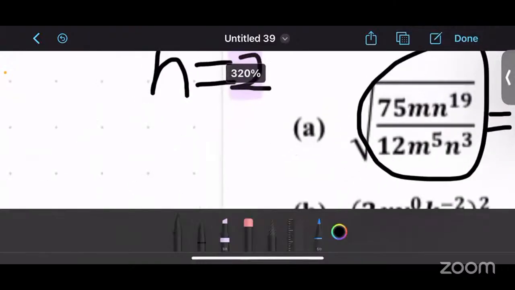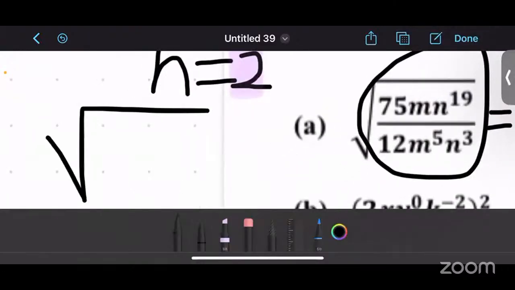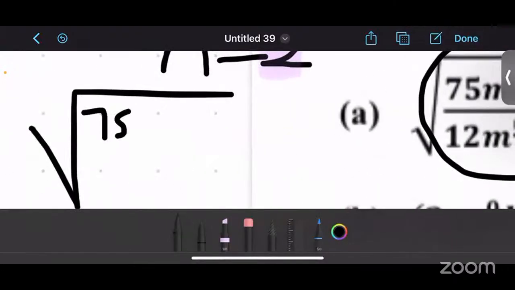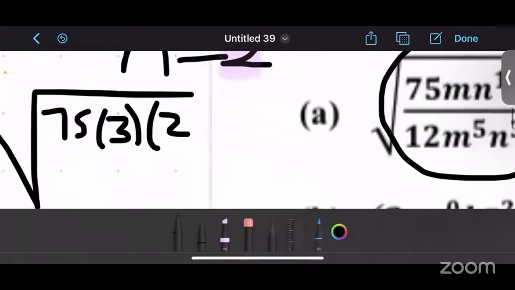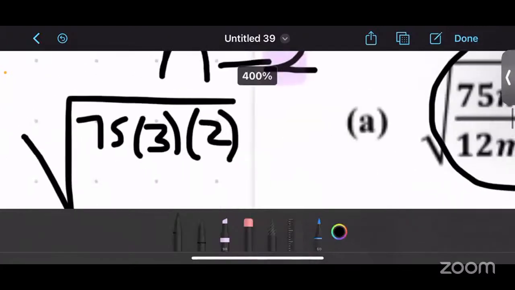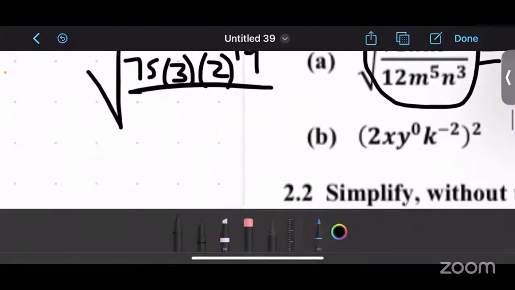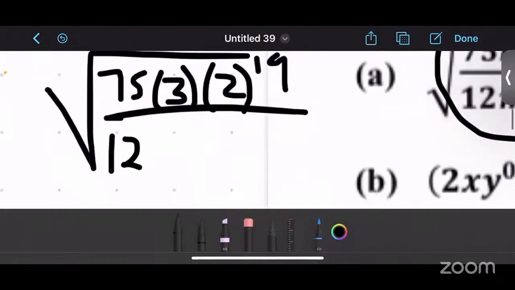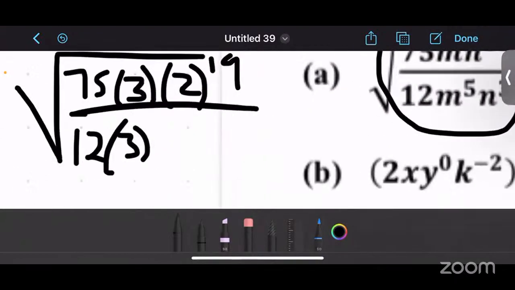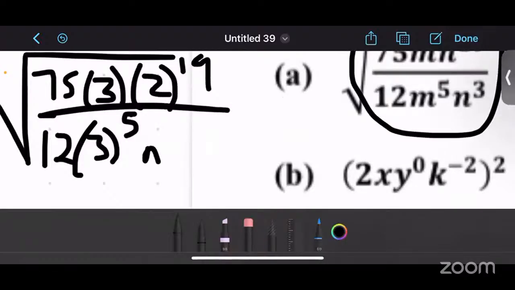Do you guys remember this? The square root of 75, m, n to the power of 19, divided by 12, m to the power of 5, n to the power of 3.